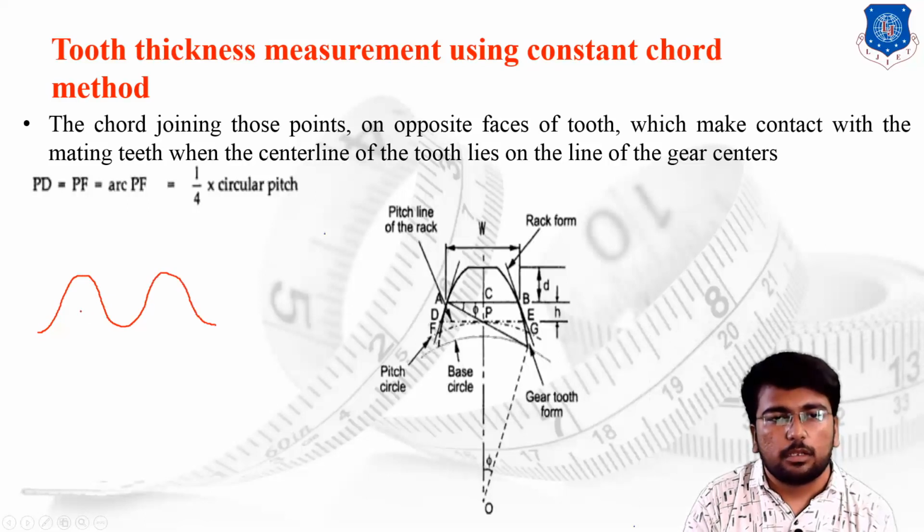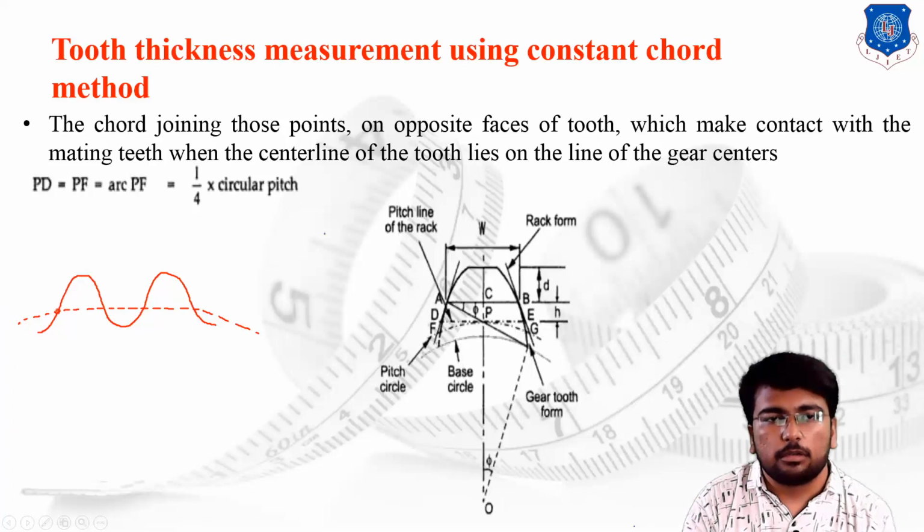Suppose this is the basic gear profile. The point on one tooth and the same point on the corresponding tooth, this is the circular pitch. I can write this as circular pitch CP. If I make a proper bisection, then this is going to be half of the circular pitch, CP divided by 2.